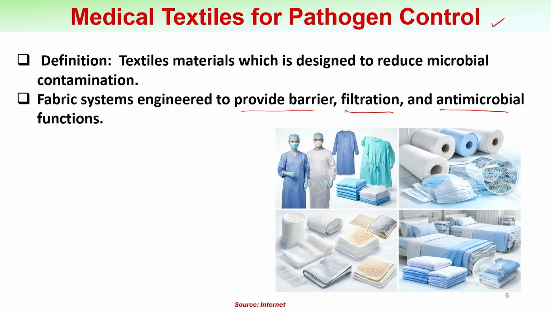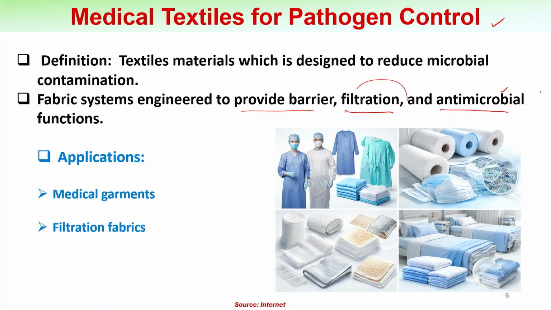So, it should prevent penetration and also have an antimicrobial function, it should kill the bacteria. Applications are medical garments, filtration fabrics, wound dressings, hospital fabrics. So, different types of protective clothing we can use.